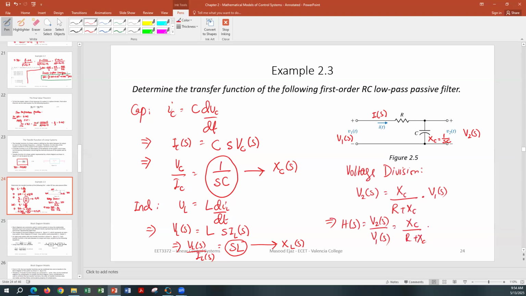And if you plug in the value of XC, which is 1 over SC, you get 1 over SC divided by R plus 1 over SC. If you simplify this, it becomes 1 divided by 1 plus S times RC. And that is the expression for the transfer function.